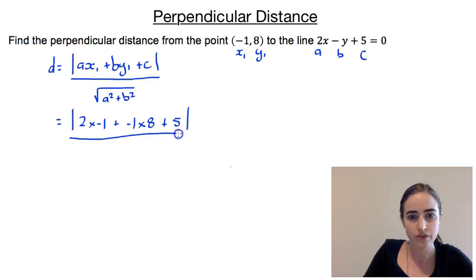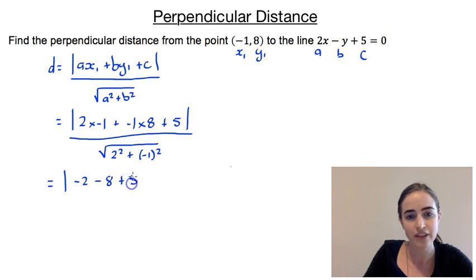So that's going to be all over the square root of a squared, so 2 squared, plus minus 1 squared. So simplifying that, 2 times minus 1 is minus 2. Minus 1 times 8 is minus 8. And we've got our plus 5 there. And it's going to be over the square root of 4 plus 1.